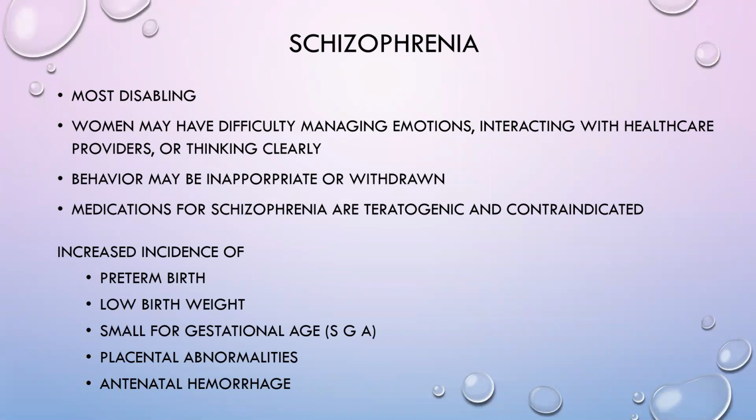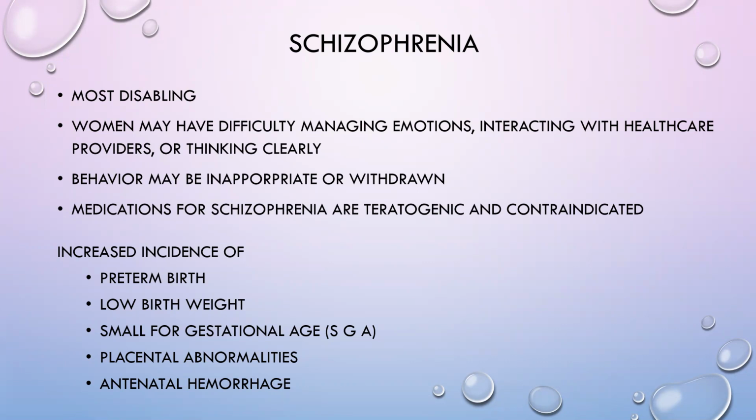Schizophrenia is one of the most disabling psychological diseases, and it does affect pregnant women as well. These women will have difficulty interacting with their healthcare providers and their caregivers. They'll have trouble thinking clearly and difficulty managing their emotions.